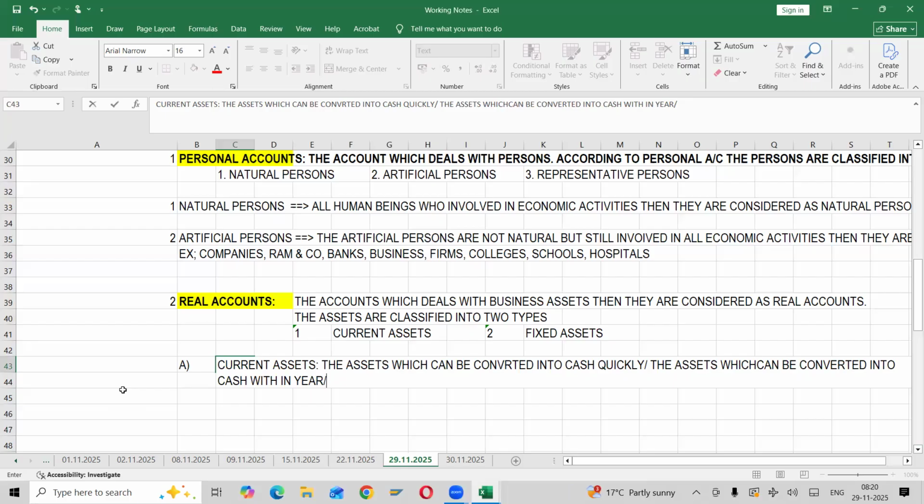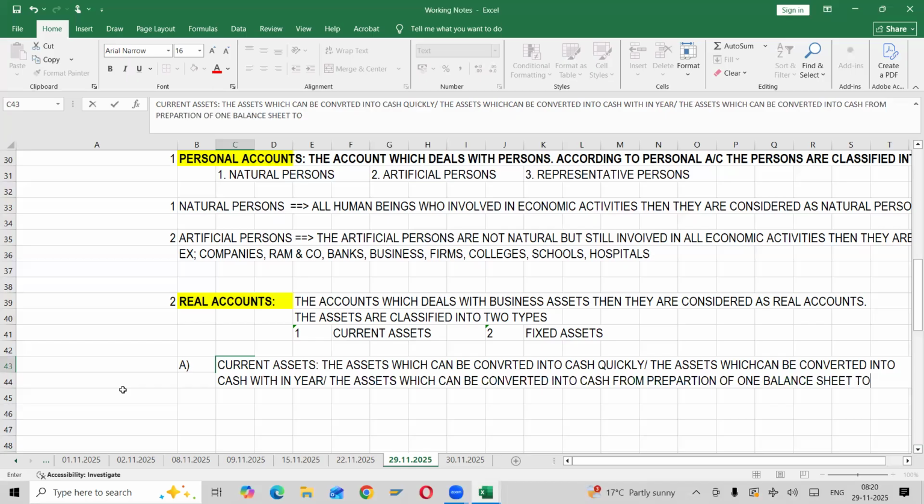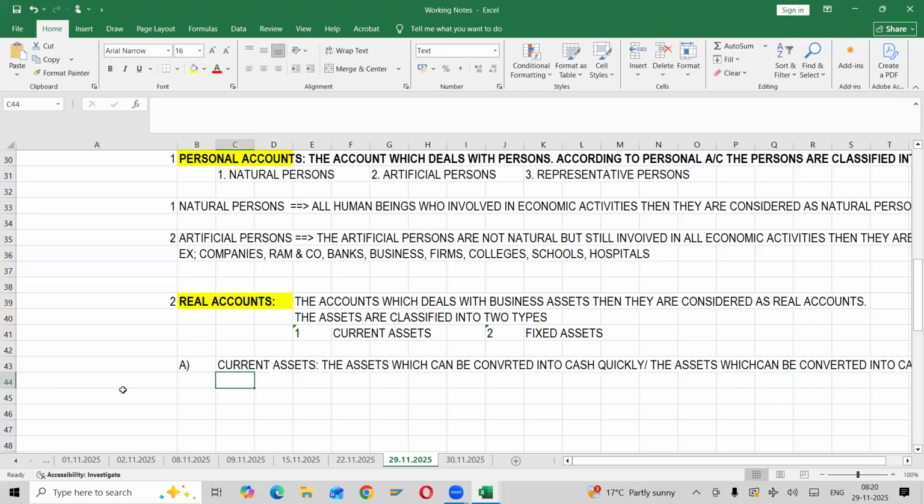So the assets which can be converted into cash from preparation of one balance sheet to preparation of another balance sheet.